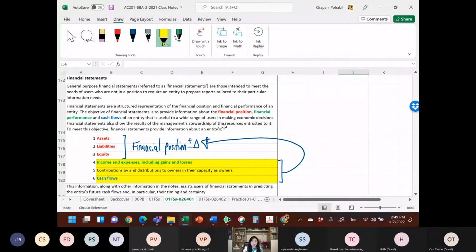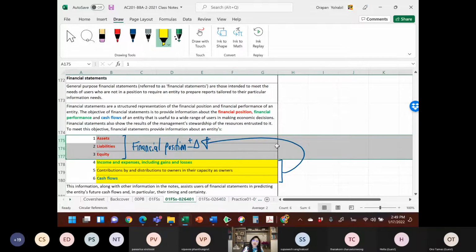Now coming to the financial position, right? What are the indicators? The indicators of the financial position would be asset, liabilities, and equity. So these three items would depict the financial position of the company, all right? And financial performance is related to how well the company is doing financially, whether the company can generate profit or loss.